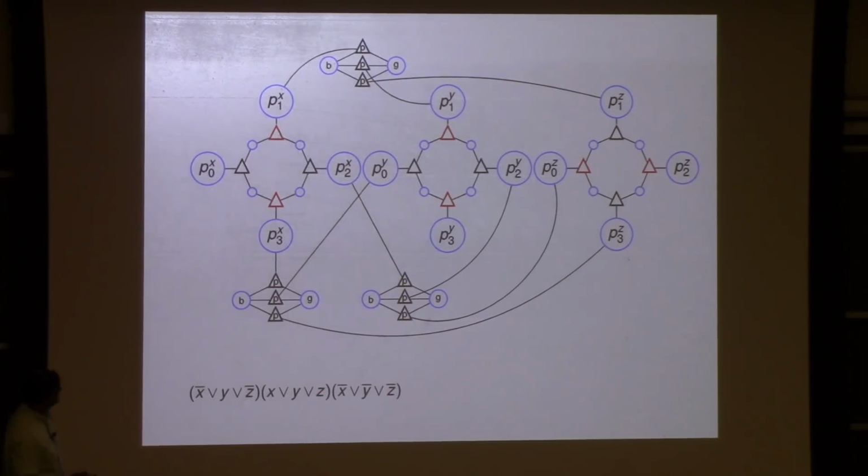That's the 3D matching. What does this thing correspond to? Assigning x to what? Assigning x to false, right? No, assigning x to true. Which one was this?